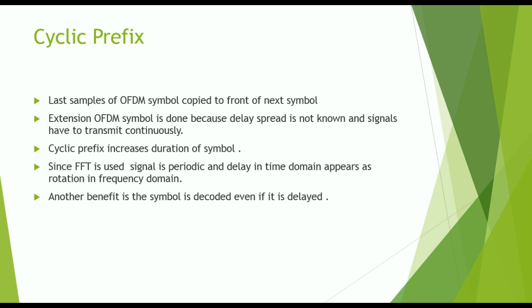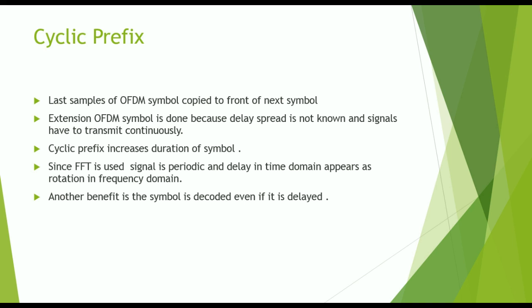Now, the next part in the OFDM system is the cyclic prefix. So, what is a cyclic prefix? Let us understand that. Let us consider a non-ideal channel that causes delay dispersion. Delay dispersion comes across as symbol interference, and each subcarrier channel overlaps.